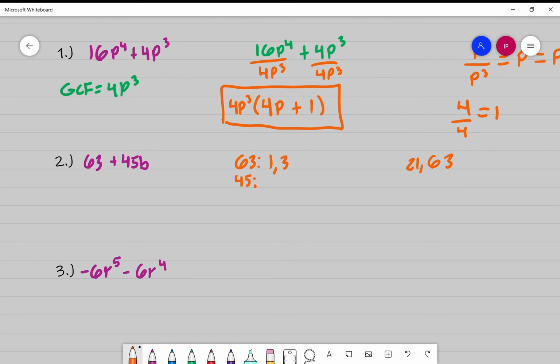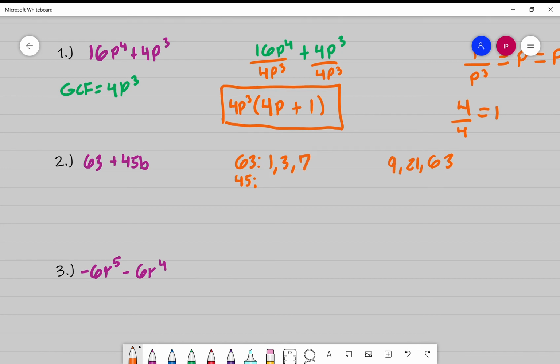We know 5 can't because 63 doesn't end in 0 or a 5. What about 6? Can 6 go into 63? No, because it's again a decimal. 7. Pretty sure 7 will. Yes, 7 goes into 63 9 times.